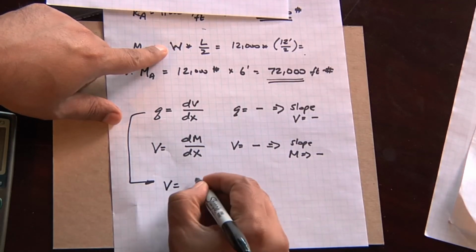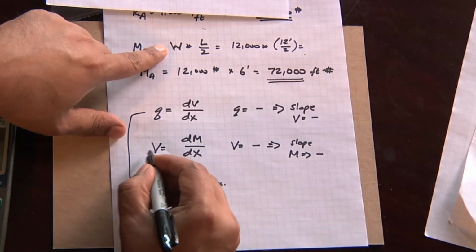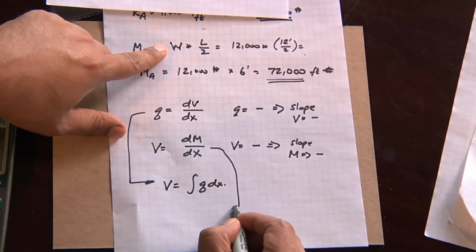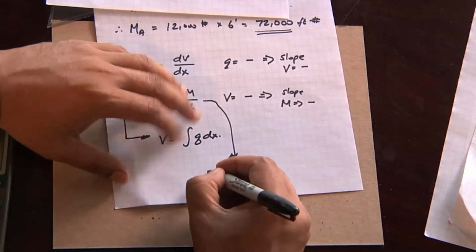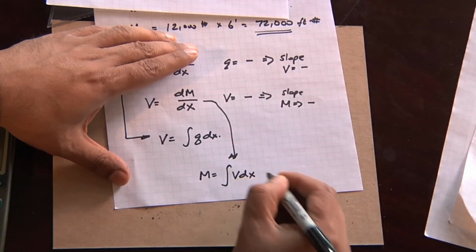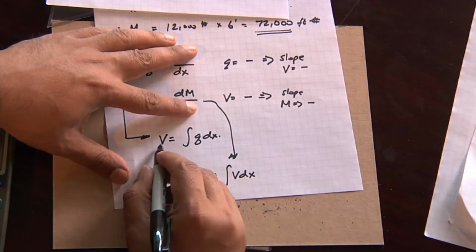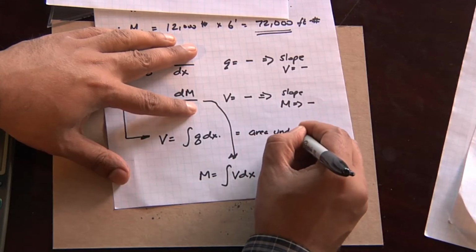means that the shear diagram is the integral of my load diagram, and working with this equation over here, the moment diagram is the integral of the shear diagram, which means that the shear is equal to the area under the load diagram.